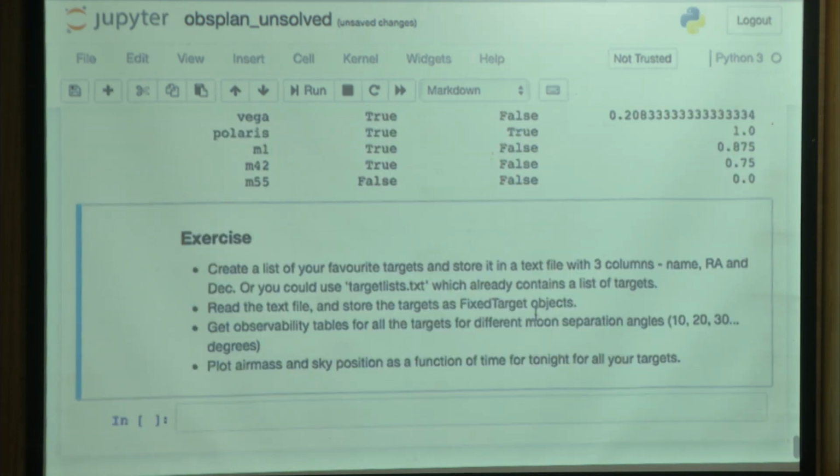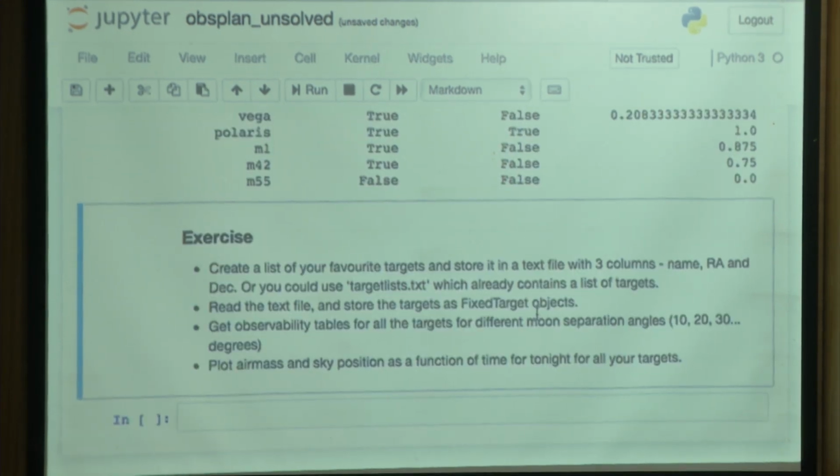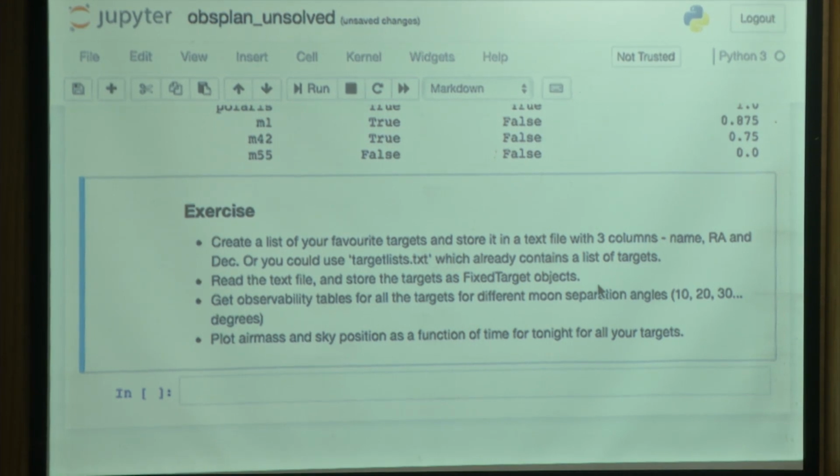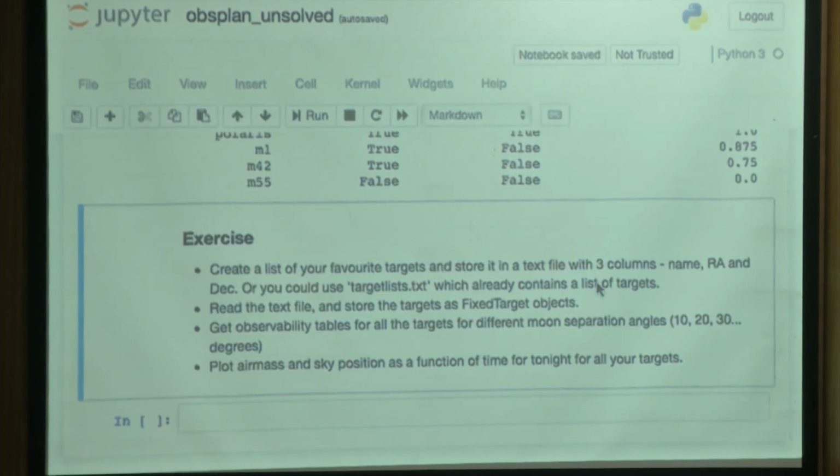Okay, so a final exercise that you can work on is to create a list of your favorite targets, create a text file with name, RA and Dec, 3 columns, and then write code to read this file. Once you read the file, you can get this observability table for all the targets in your list.